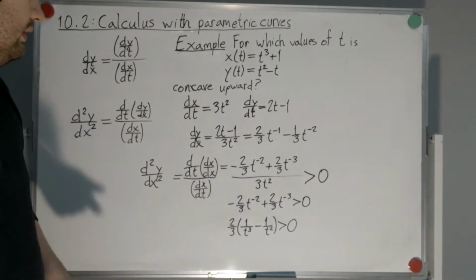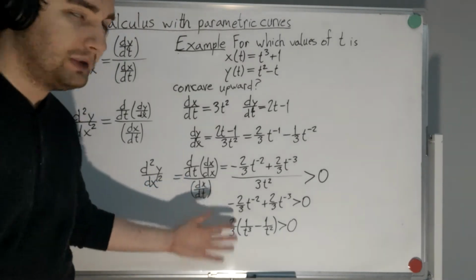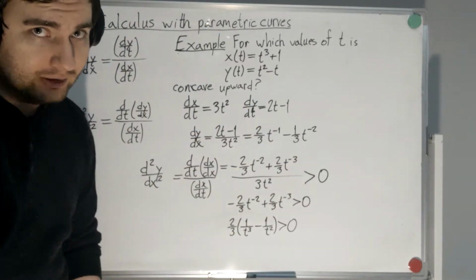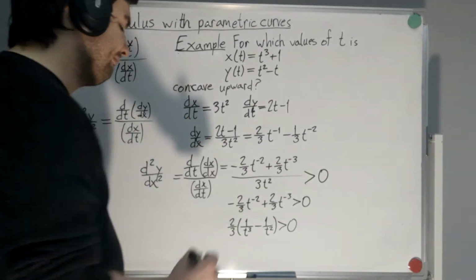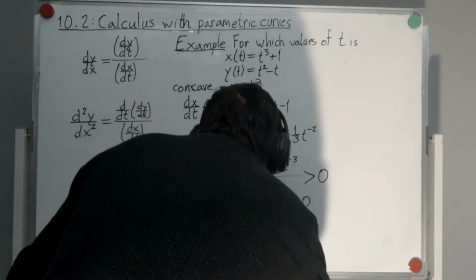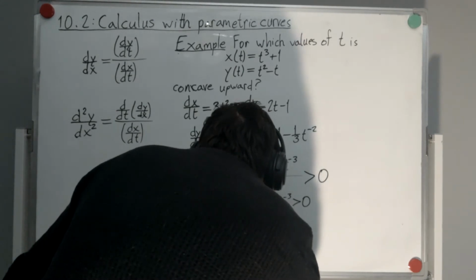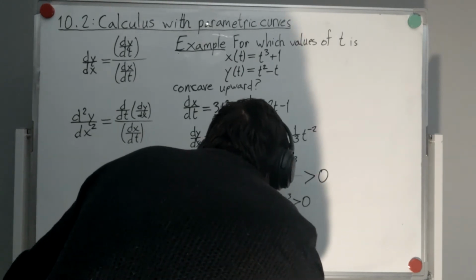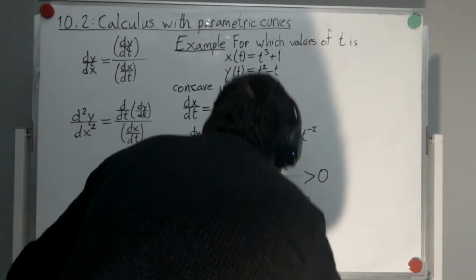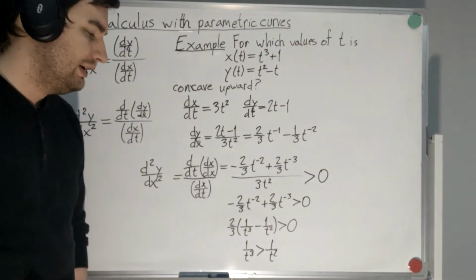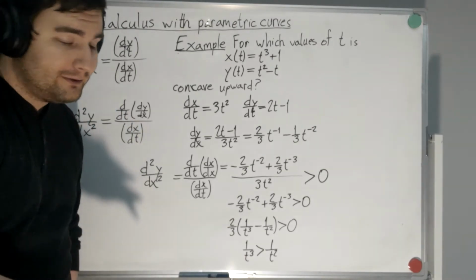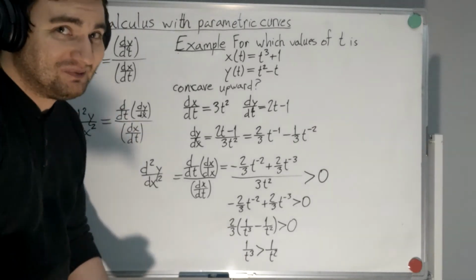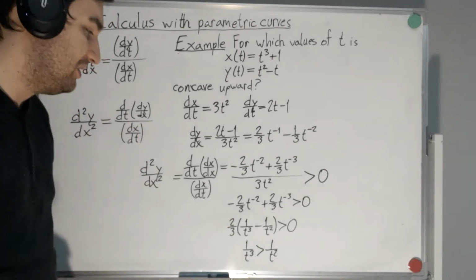Well, 2/3 again is positive, so we can divide both sides by it with no harm done. And then we can add 1 over t squared to both sides. So then this becomes 1 over t cubed has to be greater than 1 over t squared. t squared is positive, which means that you can multiply both sides by it without flipping the sign of the inequality.